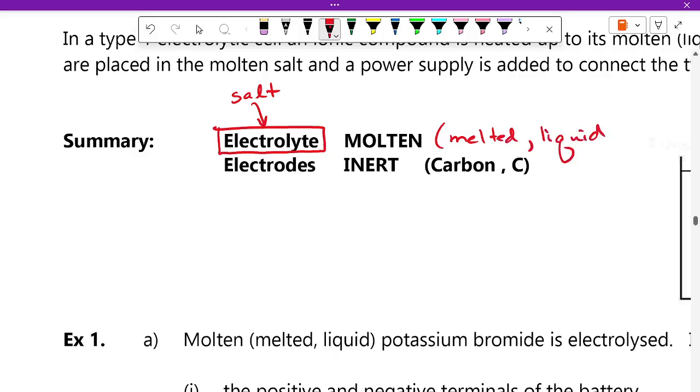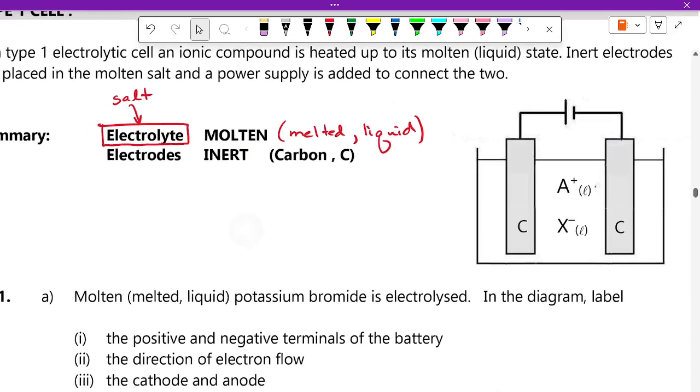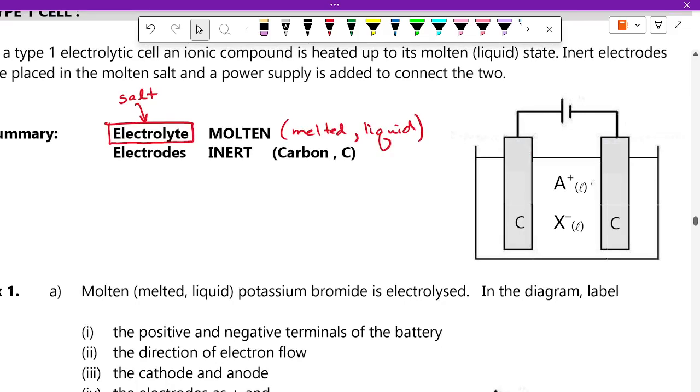This is the simplest type. You don't have to really do many comparisons because your positive ion is going to get reduced, your negative ion is going to get oxidized, and that's all there is to it. So if you see yourself with a type 1 cell, you're going to be like, so nice, so easy.